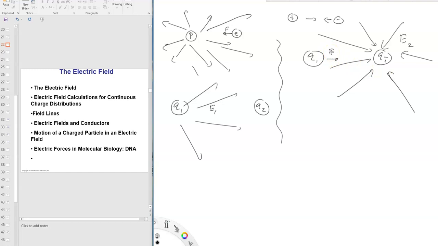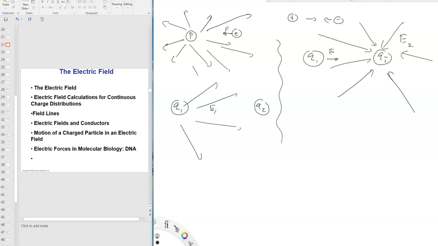So this is how we explain the Coulomb force, or force due to electric charges. We say that there's an electric field. You bring a charge and place that charge in that electric field. The charge feels a force. And there's another equation to calculate the force. Why do we need electric fields?